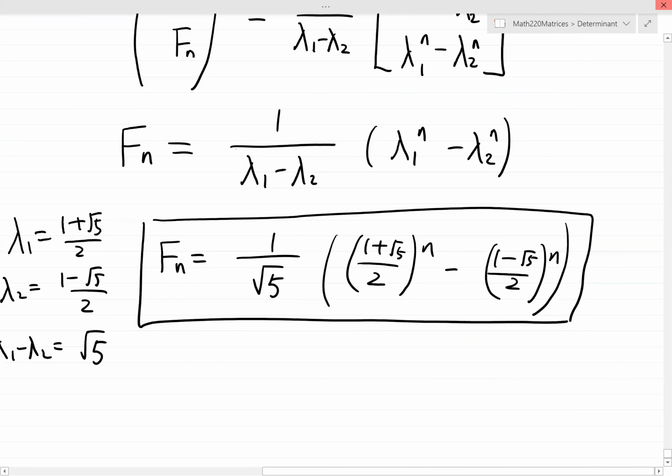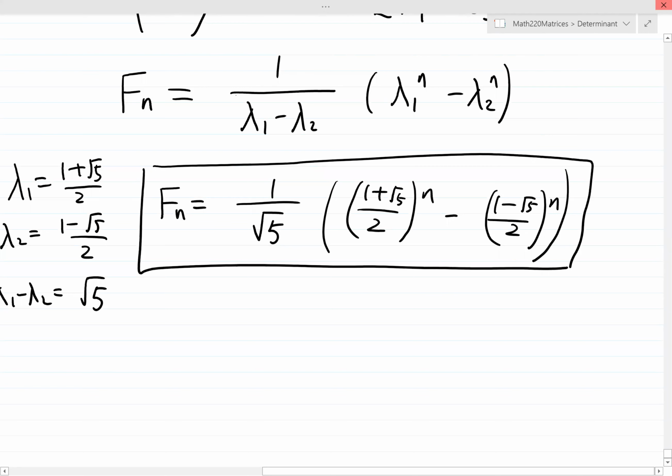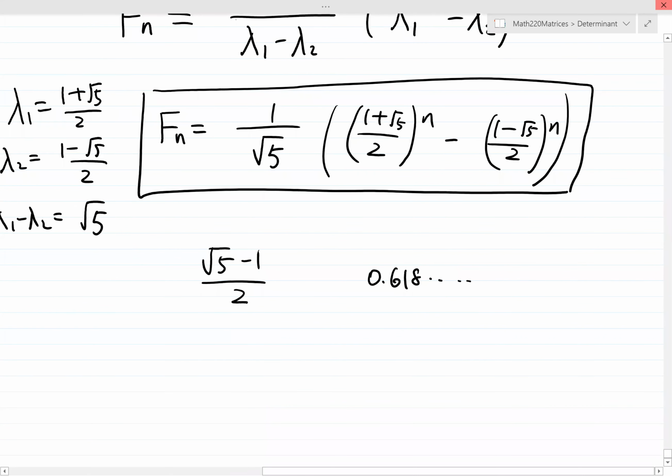Now you see, 1 minus root 5 over 2, this number has absolute value less than 1. So this root 5 minus 1 over 2, I guess, is around, what is that number? It's 0.618, etc. So its absolute value is less than 1. So that part, as n approaches infinity, approaches 0.